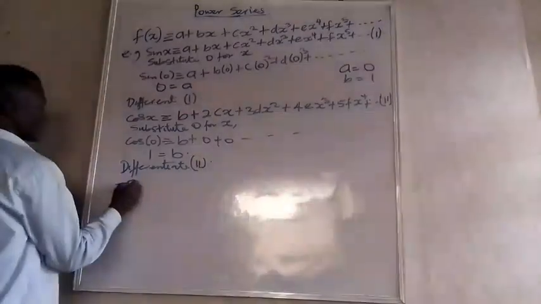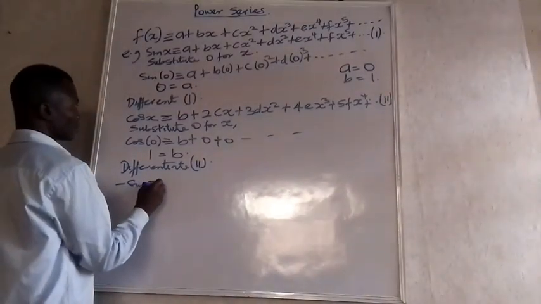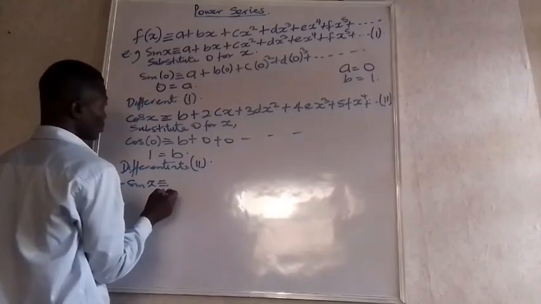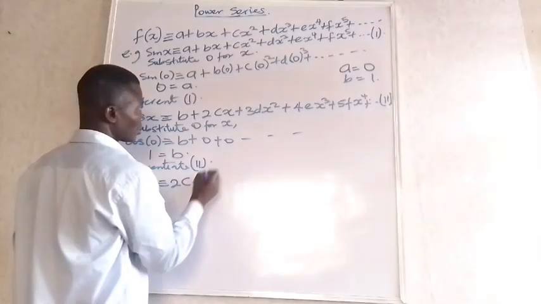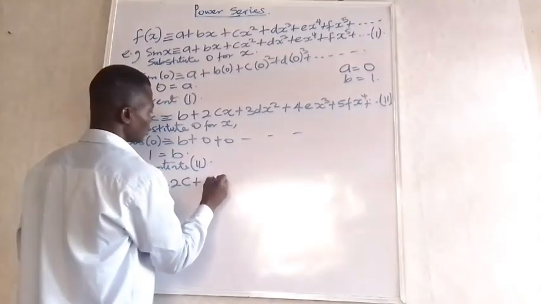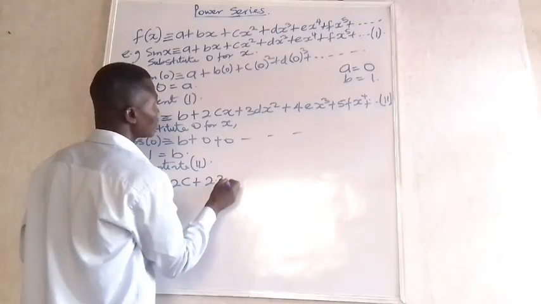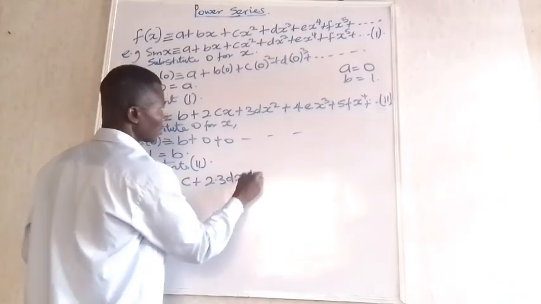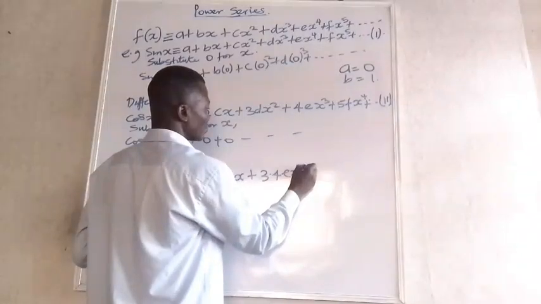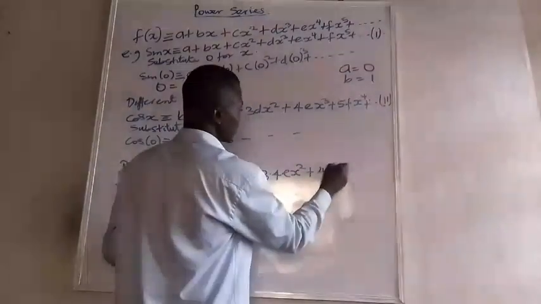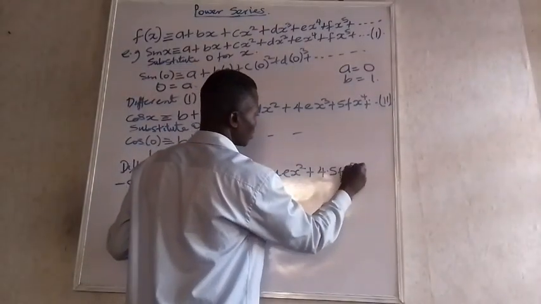So I'm going to have minus sin x, and that will give me 2c plus 2 times 3 dx plus 3 times 4 ex squared plus 4 times 5 fx cubed.